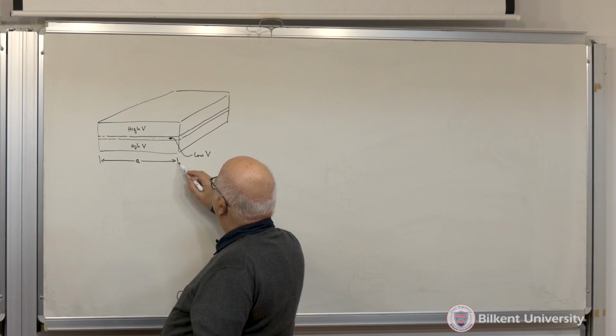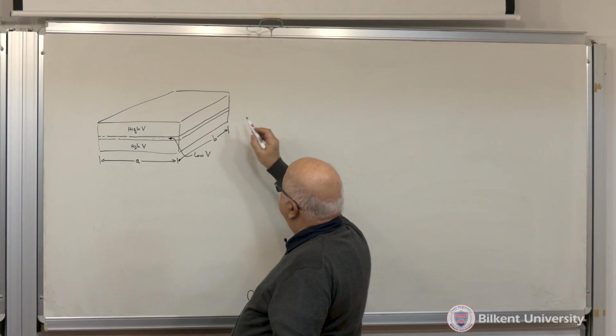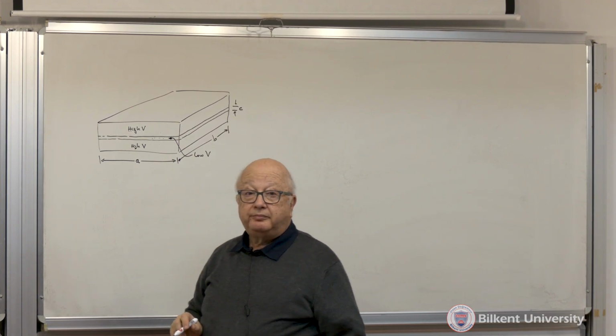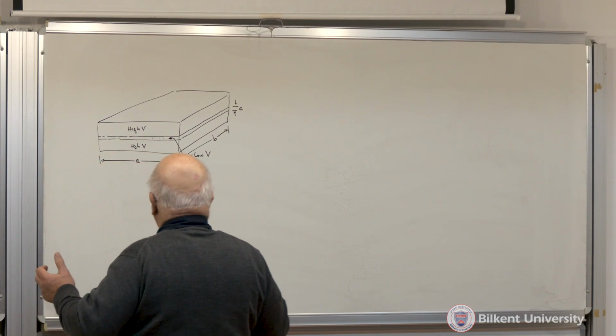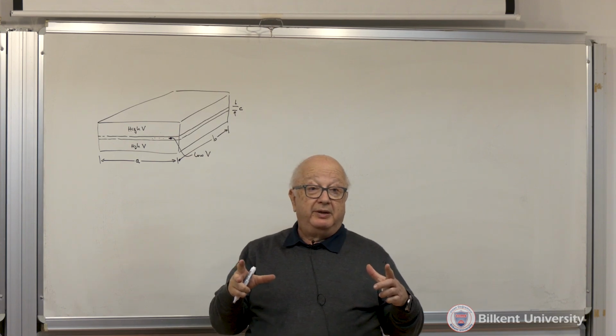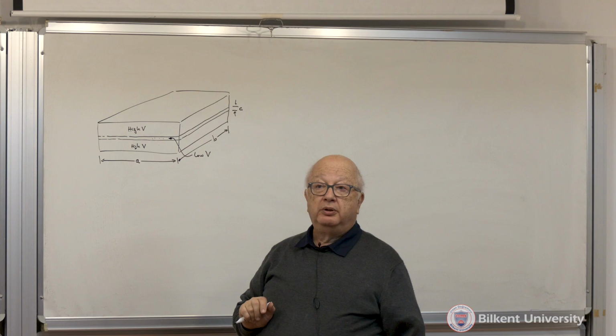In this direction, it's going to be B, but in the z direction, it's going to be C. So this is again particle in a box, except that one of the dimensions is very small.